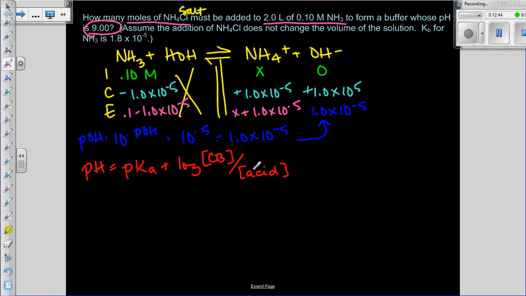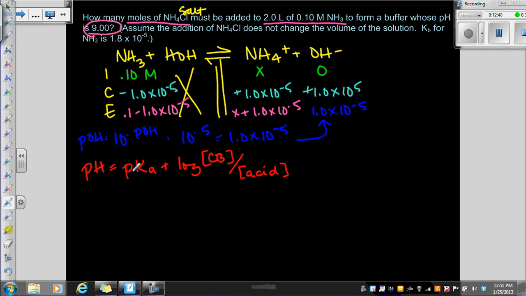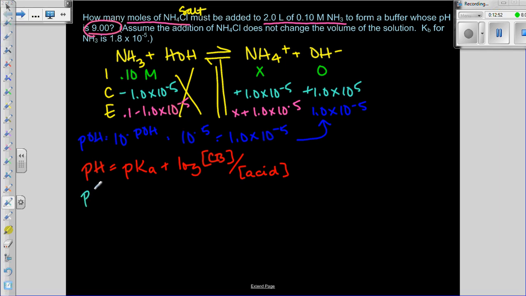So when you have that conjugate acid-base pair, you can use Henderson-Hasselbalch. Well, if you think about the relationship between pH and pOH, we could also say that pOH is equal to pKb plus the log of the conjugate acid concentration divided by the base concentration. So we are going to use this version for our problem here.